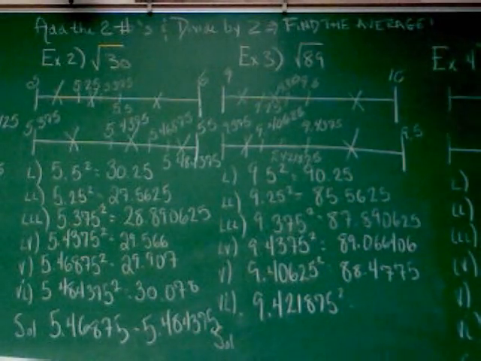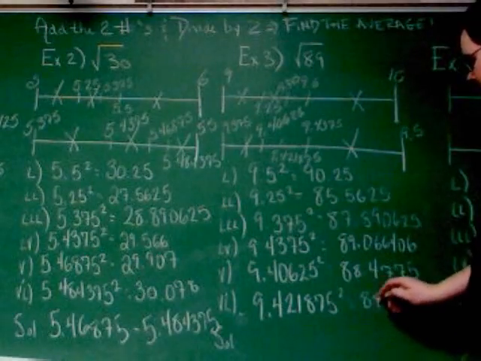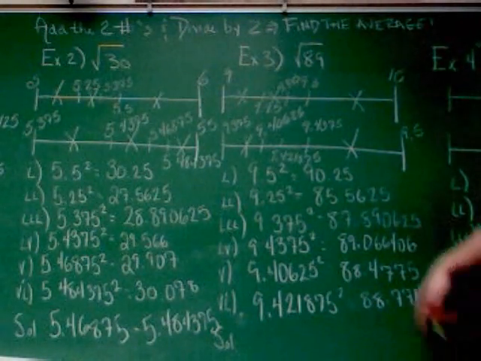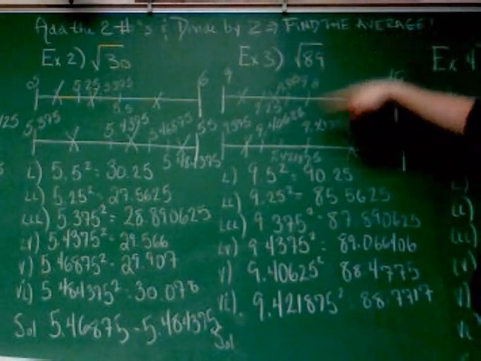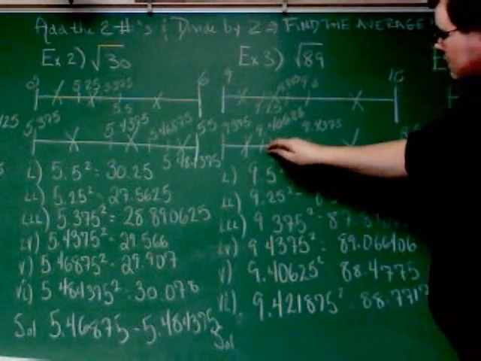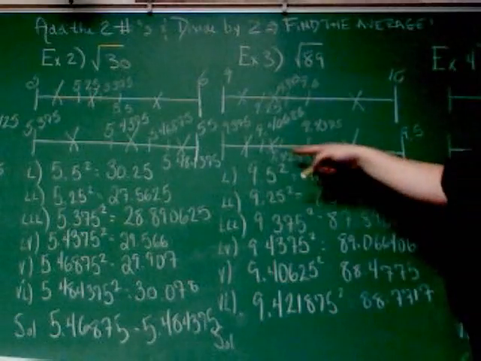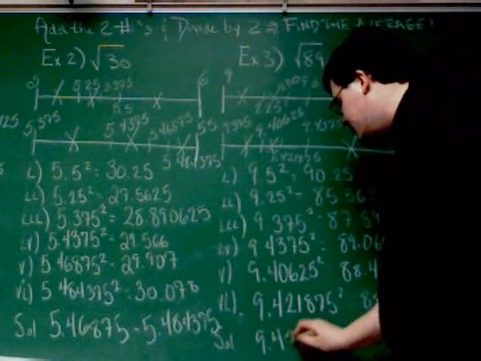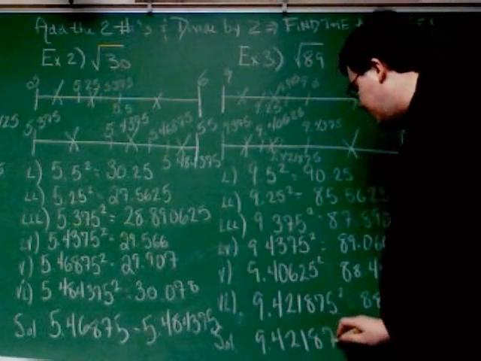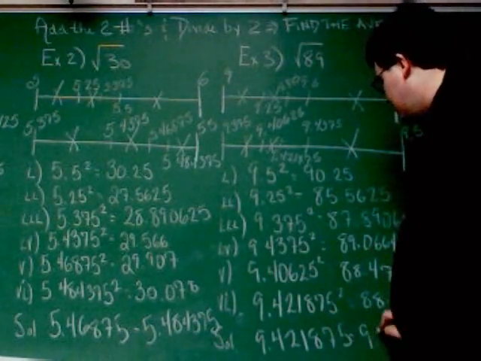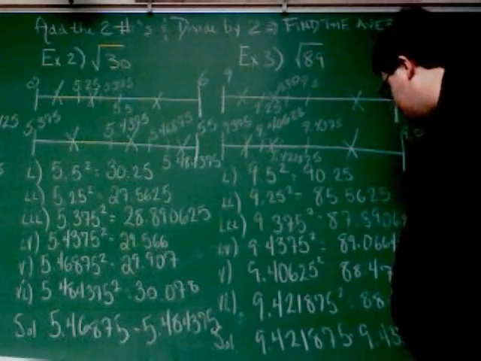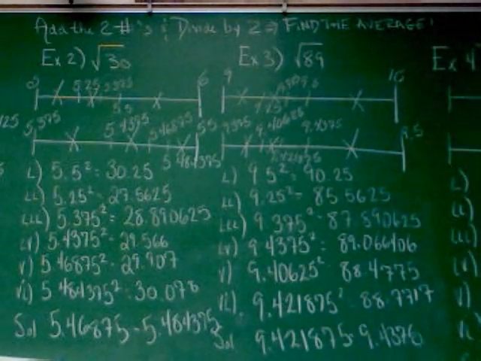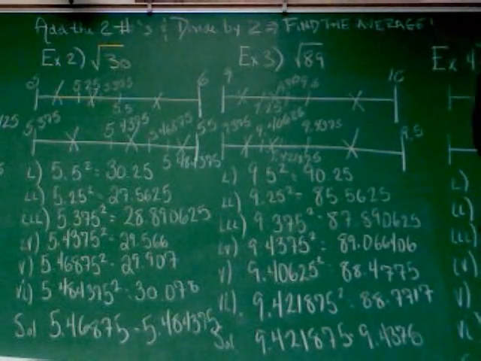That one's 88.7717. Compared to 89, that's still a smidge too small. The range I have not crossed out is my answer. 9.421875 to 9.4375. Again, no lack of writing in this assignment.